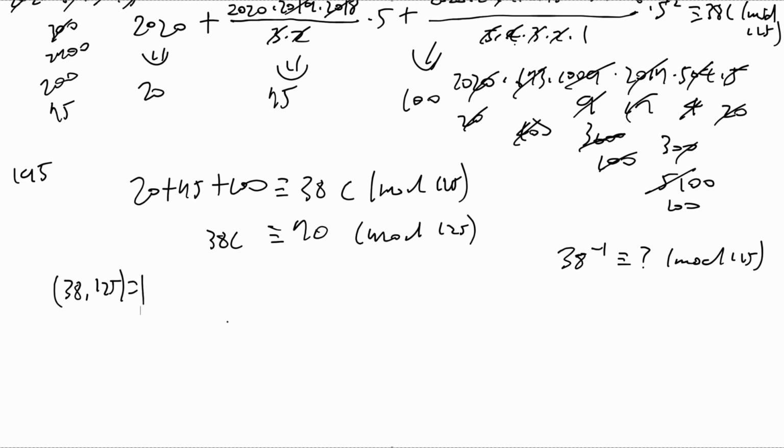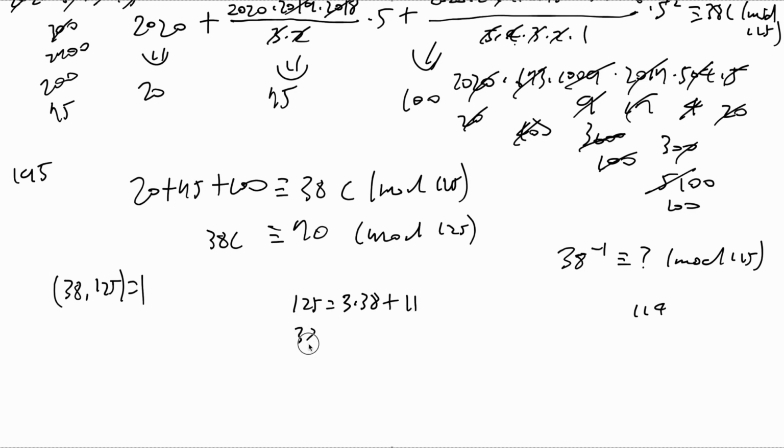Therefore, let's use the Euclidean algorithm to find the multiplicative inverse. So we know that 125 is equal to what? 3 times 38 is 114, we have 11, yay.